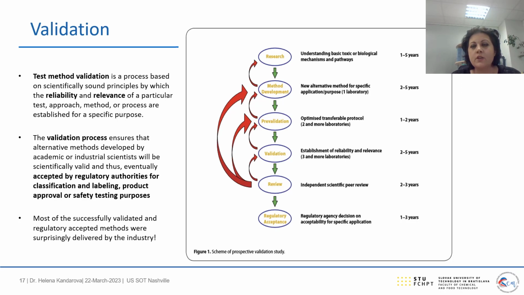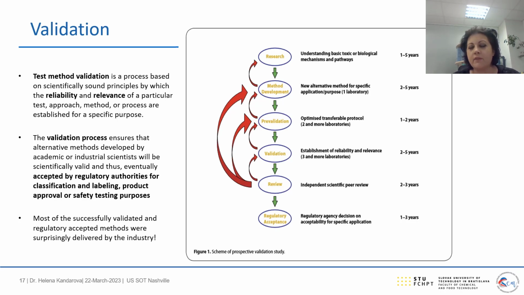So validation may take a really long time, and in worst case it may take 20 to 25 years until a method makes it from the research and development stage to the final regulatory acceptance. Validation is almost never a straightforward process, and it's going through steps relatively slowly, especially in the phase of the method development and pre-validation.